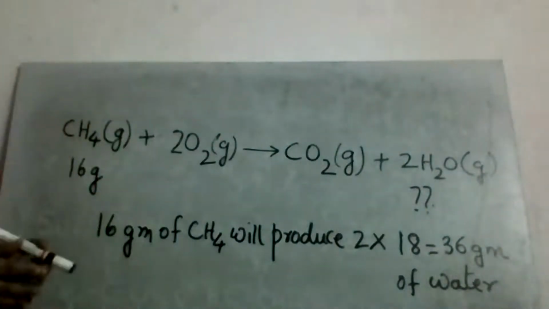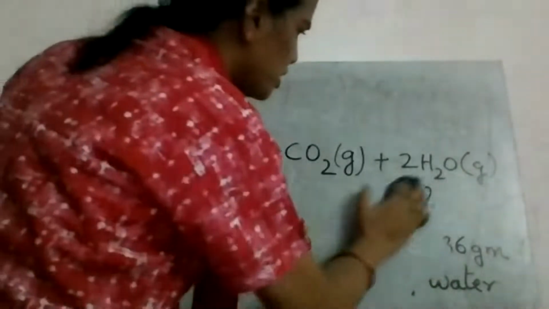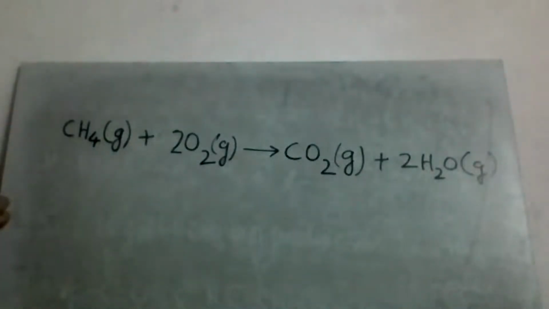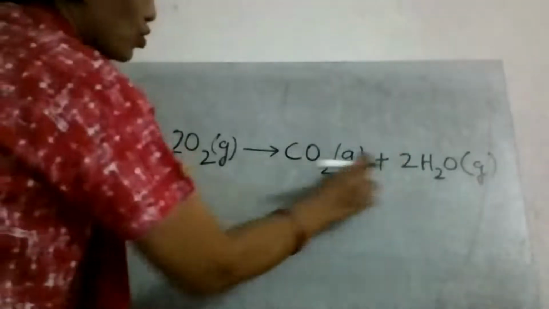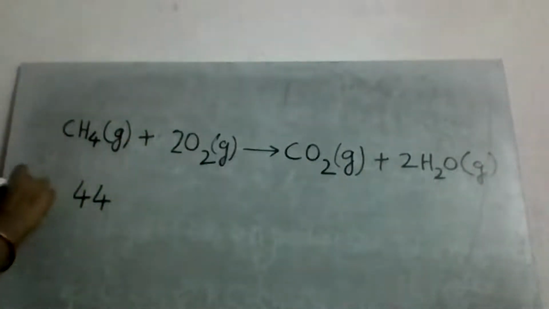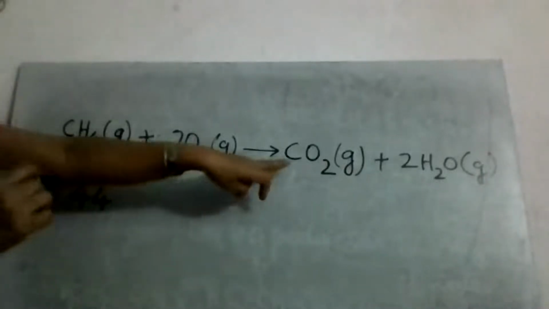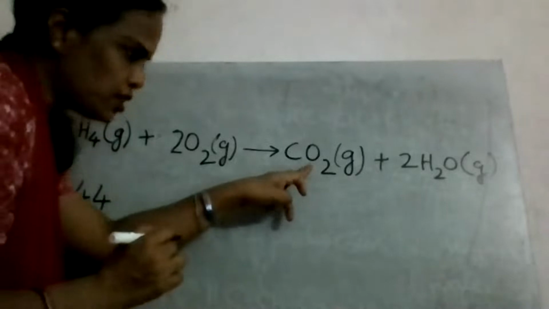See this question, the equation is the same. You need to calculate how many moles of methane are required. So here it is 44 grams of carbon dioxide. See how I solve. How did I get 44? 12 plus 16 into 2, 32. 44 is its molecular mass.